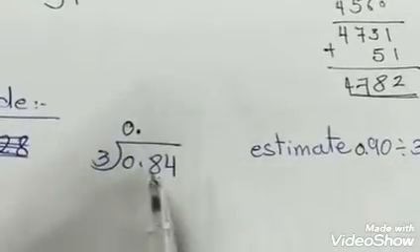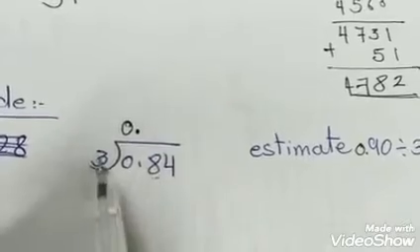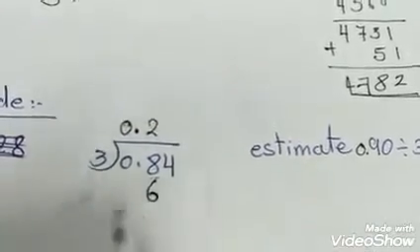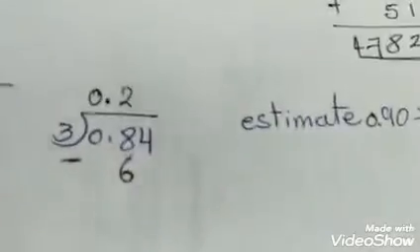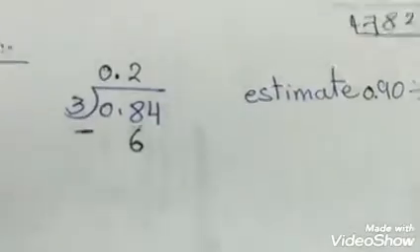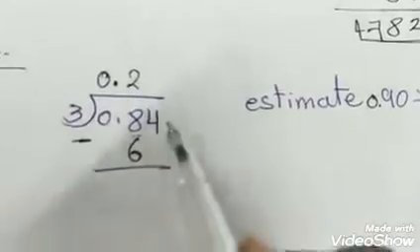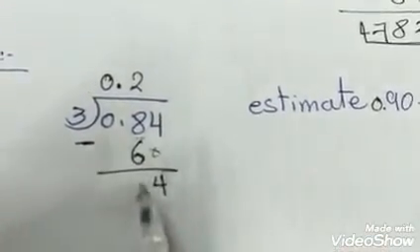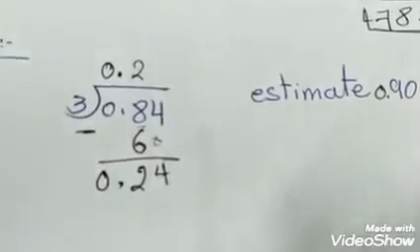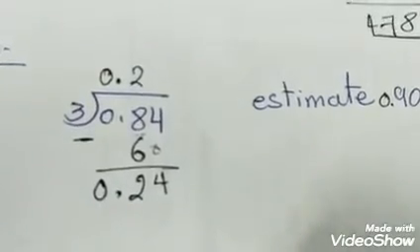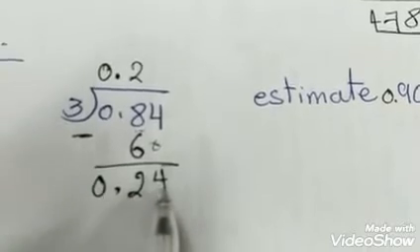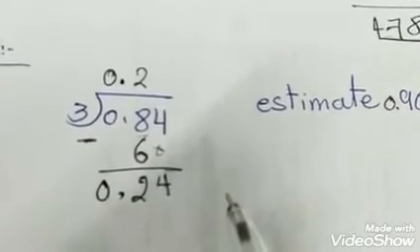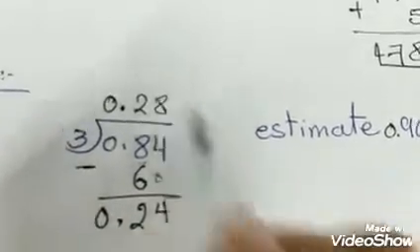Then 8 divided by 3 is 2, since 2 times 3 equals 6. Then subtract: 4 minus 0 is 4, 8 minus 6 is 2, and the decimal point and the 0 as it is. 24 divided by 3 equals 8.